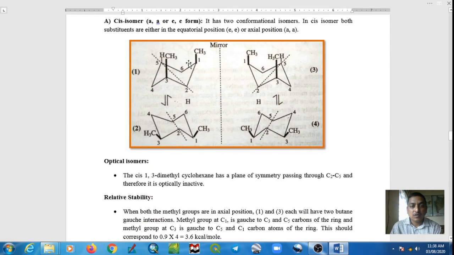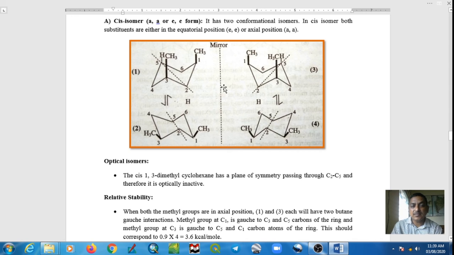How? Once again I repeat, one axial methyl group shows 2 1,3-diaxial interactions. Here 2 methyls are axial. That's why 4 1,3-diaxial interactions. One diaxial interaction has energy 0.9 kilocalorie per mole. Here we have 4 interactions. That's why energy is 0.9 into 4, that is 3.6 kilocalorie per mole.